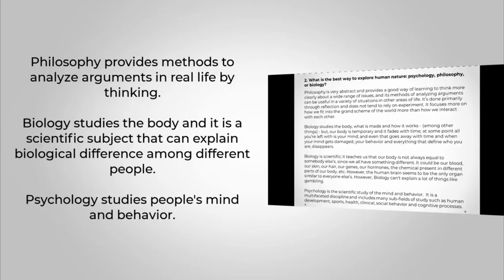You eliminated all the details. They're not important. You paraphrased what you got. The text says provides a way of learning to think, and you replaced that with provides methods to analyze. It says its methods can be used in a variety of situations in other areas of life, and you replaced that with analyze arguments in real life by thinking.